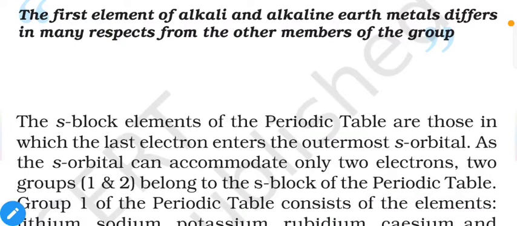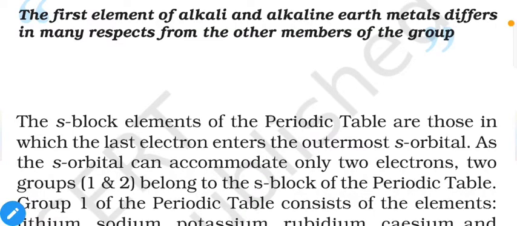The next point is that they lack d orbitals. If you check the other elements of the groups, you will notice all of them contain d orbitals except the first element of each group. For example, among the p block elements, if we compare carbon with other group members, the outermost orbitals of carbon are 2s and 2p, whereas the second element has the third shell, that means 3s, 3p and 3d.